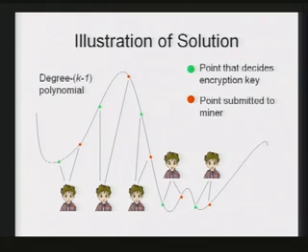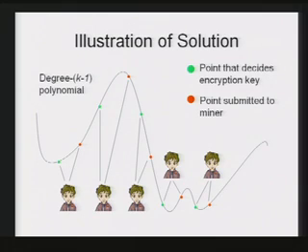Okay. So the idea here is that the red points are submitted to the miner. Okay. So let's consider the case where k customers have the same quasi-IDs. Then the miner receives k red points on this curve.